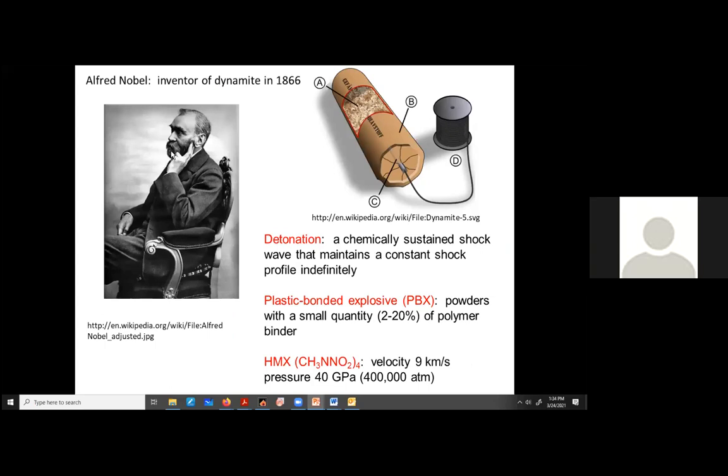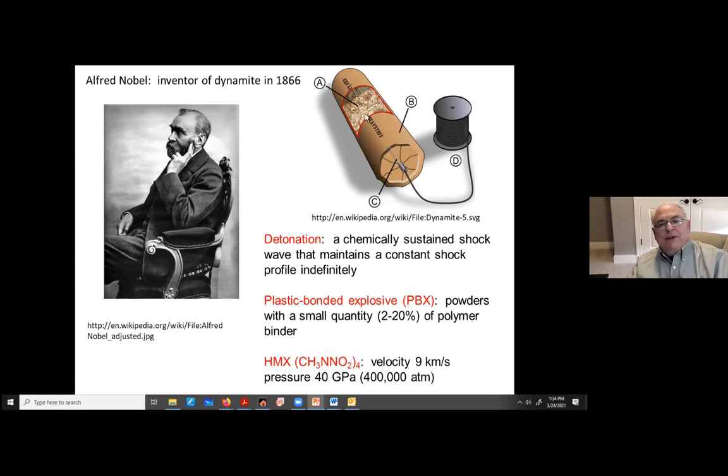And it was Alfred Nobel who discovered this, I believe. He's the inventor of dynamite. And what dynamite does that gunpowder doesn't is it detonates. So here's a little depiction. Okay, so dynamite was kitty litter plus nitroglycerin. And here's a little exploding initiator, and it launches a shock wave.